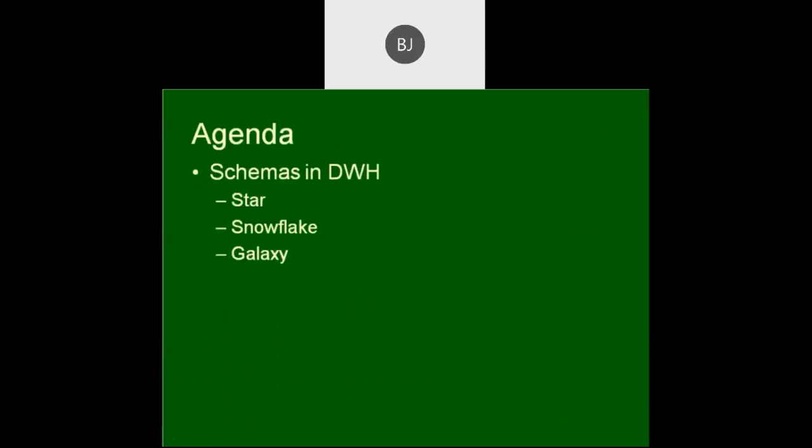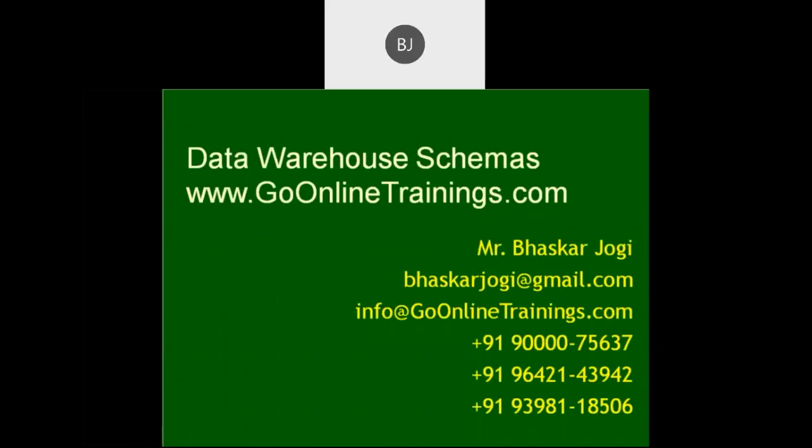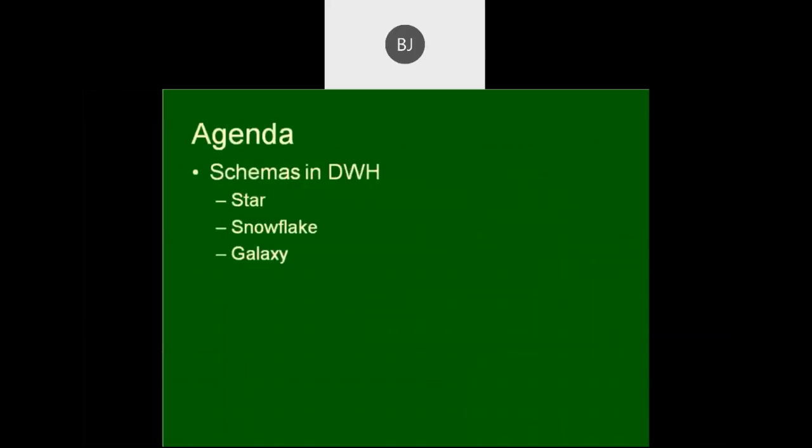Now, data warehousing schemas. Many types of schemas are available, but especially we have the star schema and the snowflake schema, which are the more popular schemas in the data warehouse. Then we have the galaxy schema, double star schema, hybrid schema.